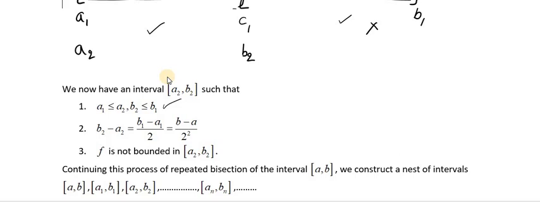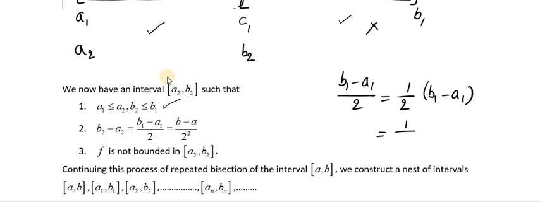Second one, this one also we can easily prove by taking some closed interval. So B2 minus A1 is (B1 minus A1) by 2. But we already know that B1 minus A1 value. So this can be written as 1 by 2 into (B1 minus A1).